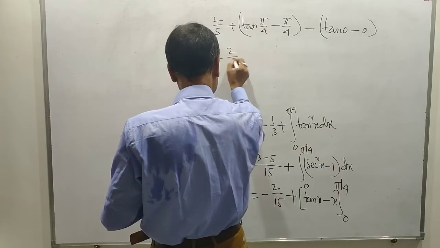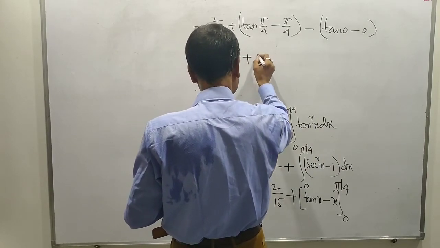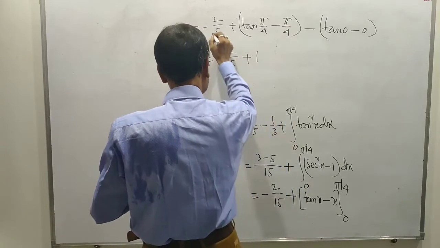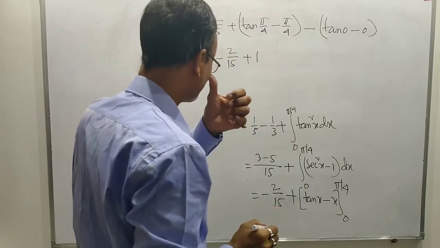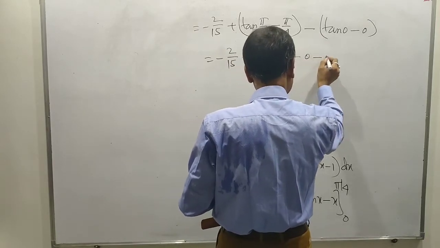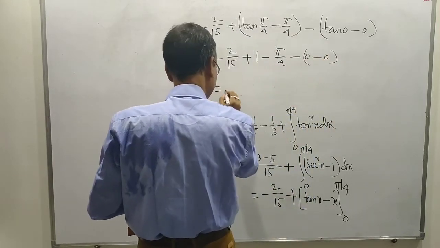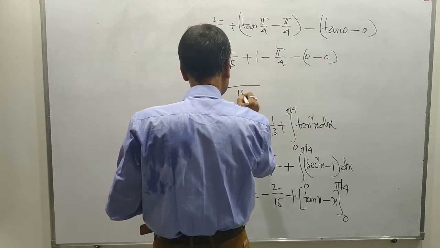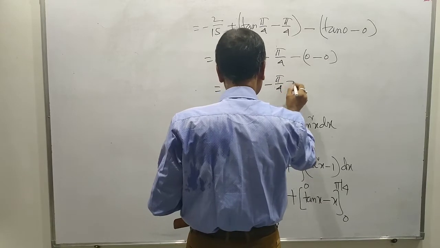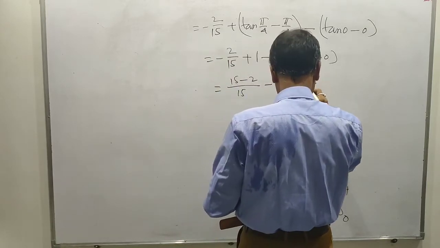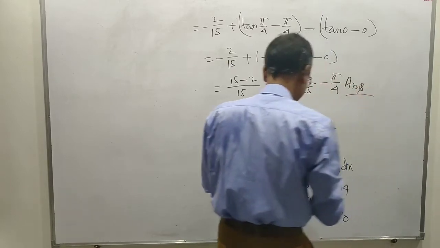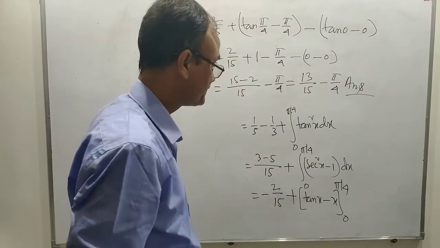This is equal to minus 2 by 15 plus tan pi by 4 means 1, minus pi by 4, minus 0 minus 0. This is equal to 15 minus 2 by 15 minus pi by 4. This is equal to 13 by 15 minus pi by 4. This is the value of I6.